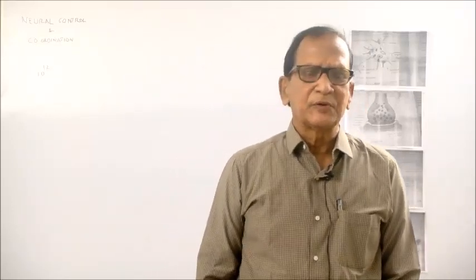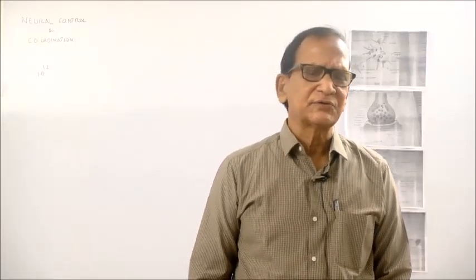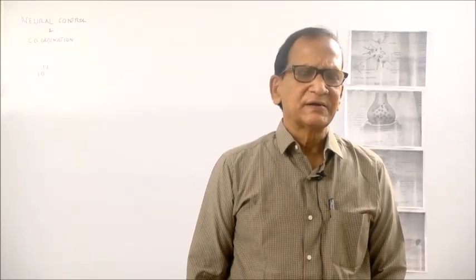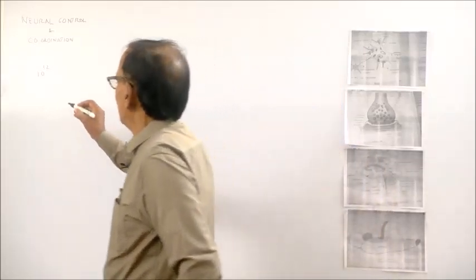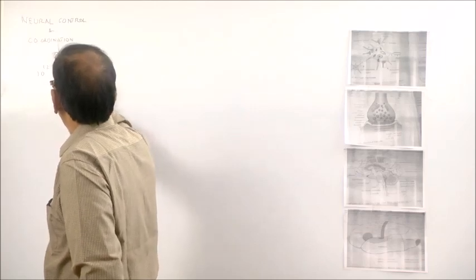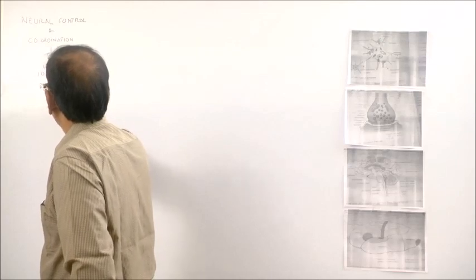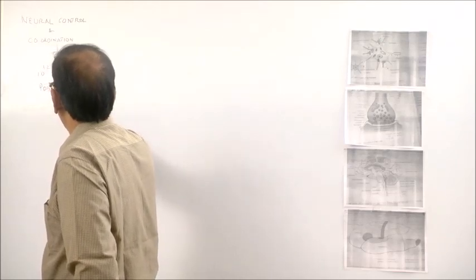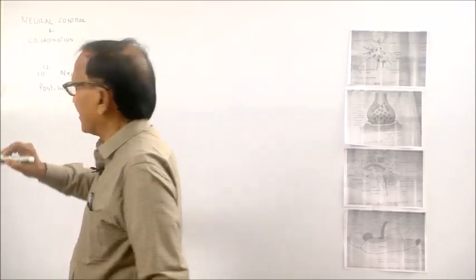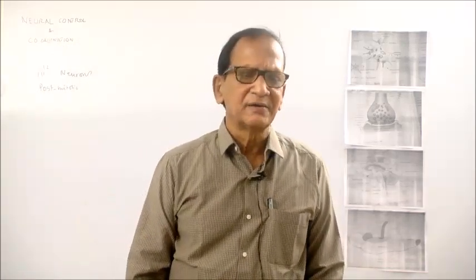And the peculiar and interesting feature of these neurons is that they are post-mitotic cells. So 10 to the power 12 neurons, and these are post-mitotic in nature. That means after birth, there is no increase in their number.